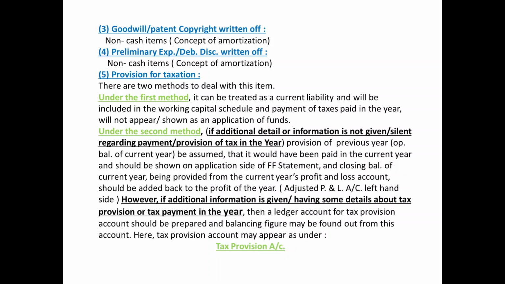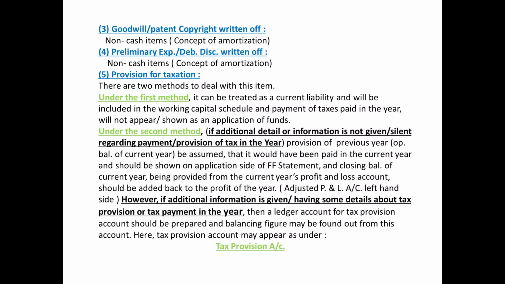And that is why, considering the nature of this type of intangible assets, wise businessmen do prefer to write it off as early as possible, but gradually by applying financial prudence. Because there is no guarantee that this type of assets will remain forever in the business.